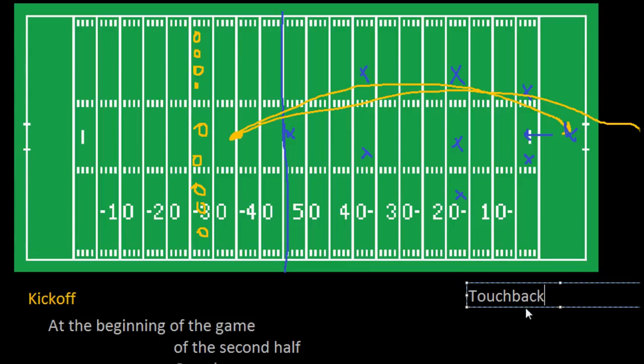And so a touchback means that there is no kickoff return, and that the ball is simply placed at the 20-yard line. And so the 20-yard line would then be the first line of scrimmage for the blue team heading down the field.